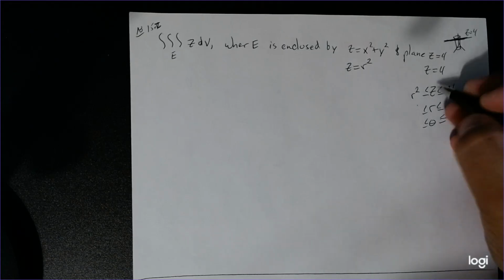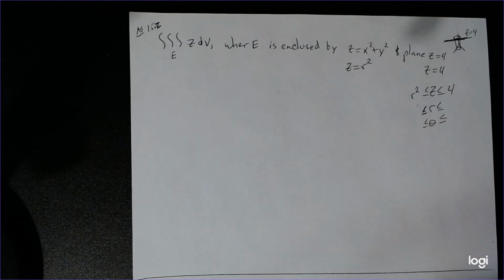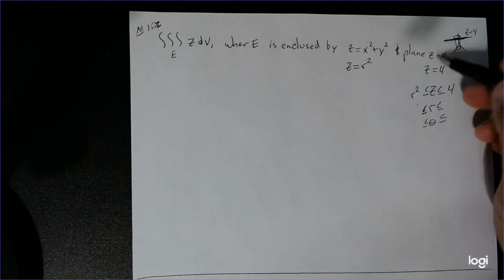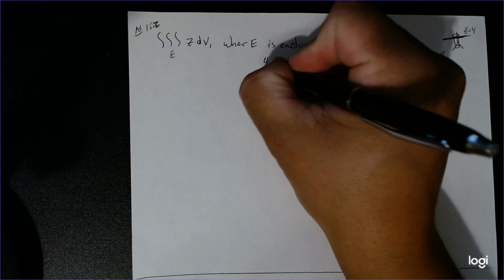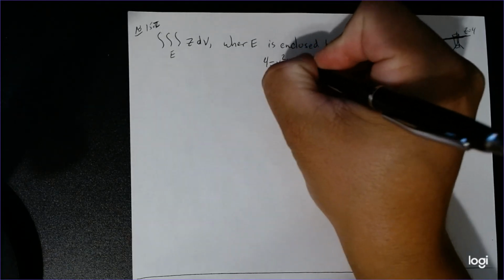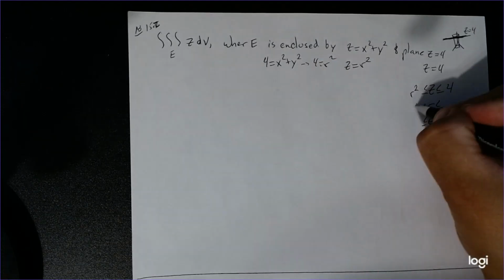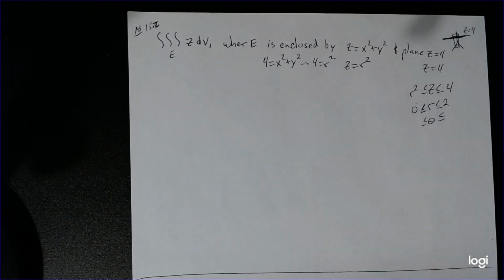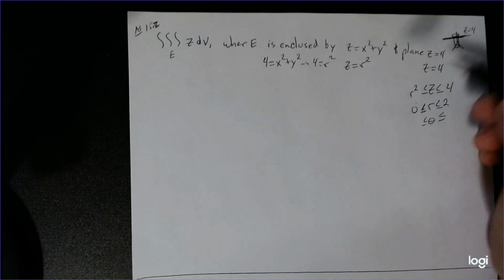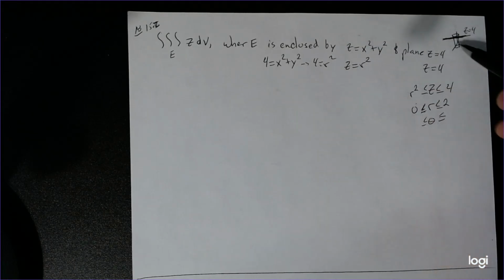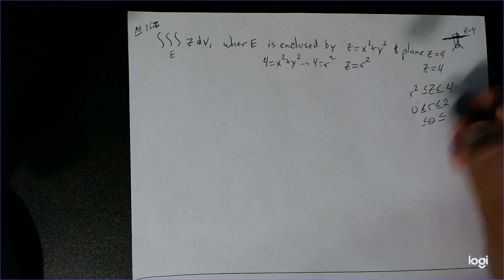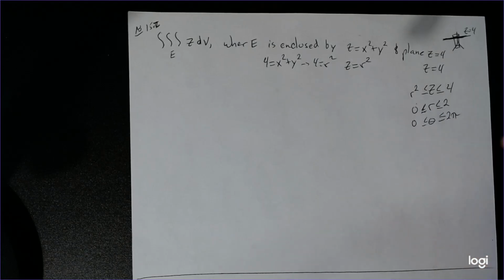Okay, so for our radius, what do we know? So putting these together, we have 4 is equal to x squared plus y squared. So therefore 4 is equal to r squared. So radius is 0 to 2. And this time we want the entire circle, right? So we want the whole cylinder, so 0 to 2 pi.